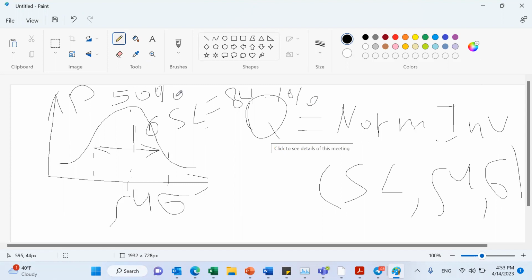And if we go one standard deviation to the right side, if you remember this, it's 50 plus 34.1. Yeah, it's in here.